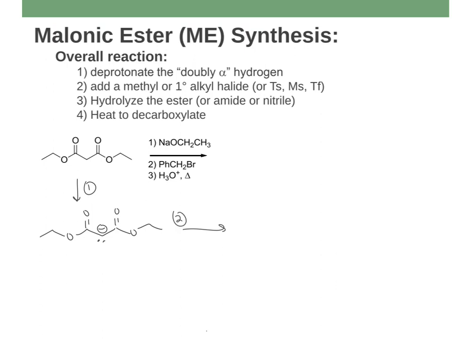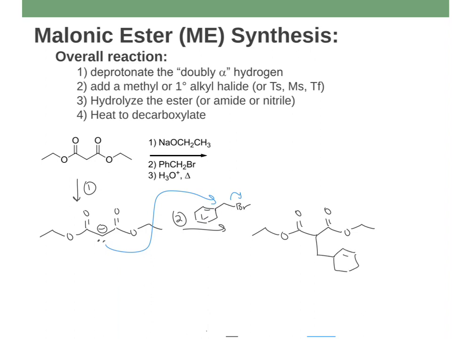Step two is that you're going to add this benzyl bromide. So again, just an SN2 attack. Go do your backside attack on that primary alkyl bromide. That'd give me that.